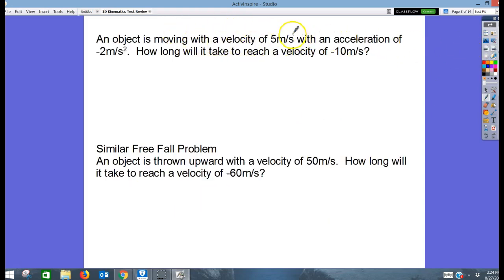An object moving with a velocity of 5 meters per second with an acceleration of -2 meters per second squared. How long will it take to reach a velocity of -10? So we have Vf equals Vi plus At, and we're looking for time. We've got the final velocity. Okay, so Vf minus Vi equals At, and so if I divide both sides by A, the time will be the change in velocities divided by acceleration.